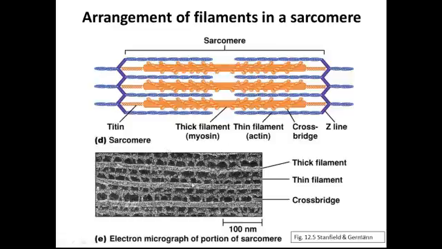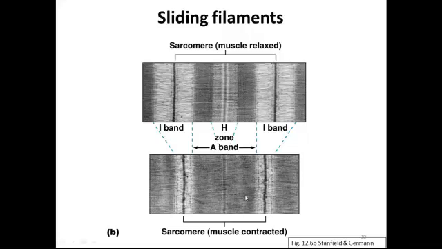At the bottom here you have electron microscope pictures with the thick filaments and thin filaments, and in between them is a cross bridge linking the thin filaments and thick filaments. Here are more electron microscope pictures showing, on top, a sarcomere, which has a thick dark Z line on each side.